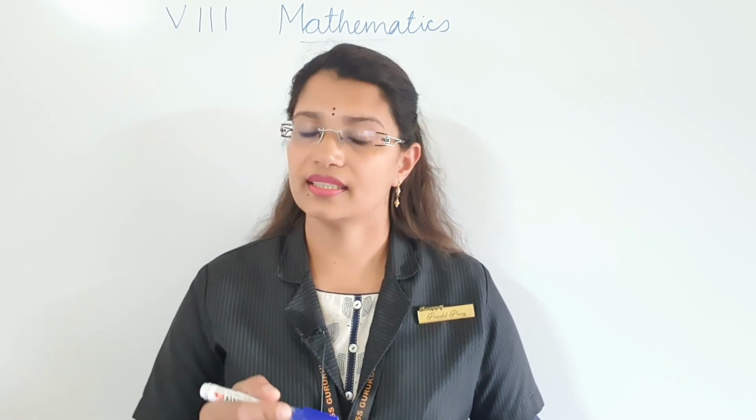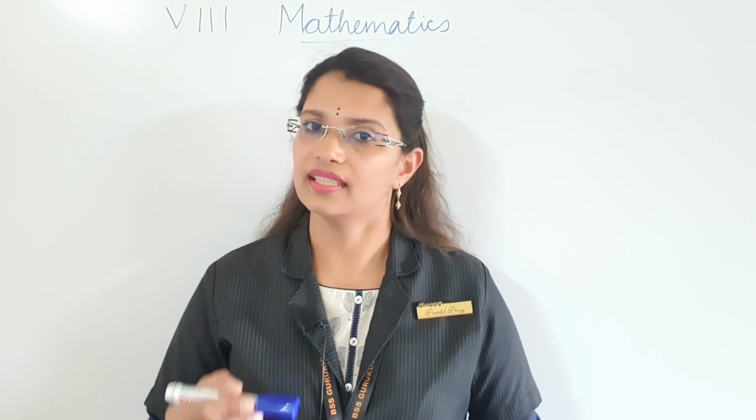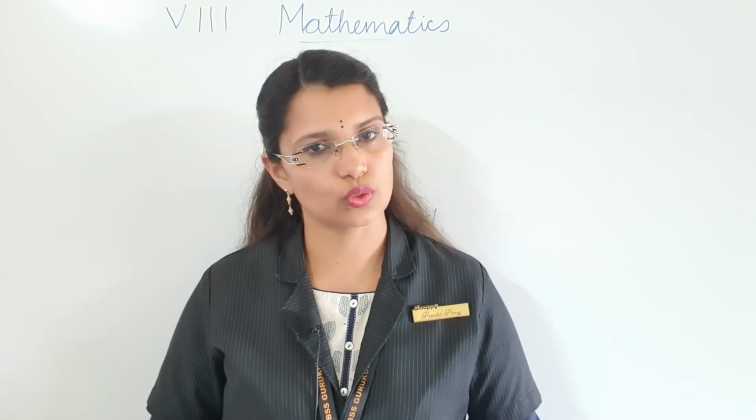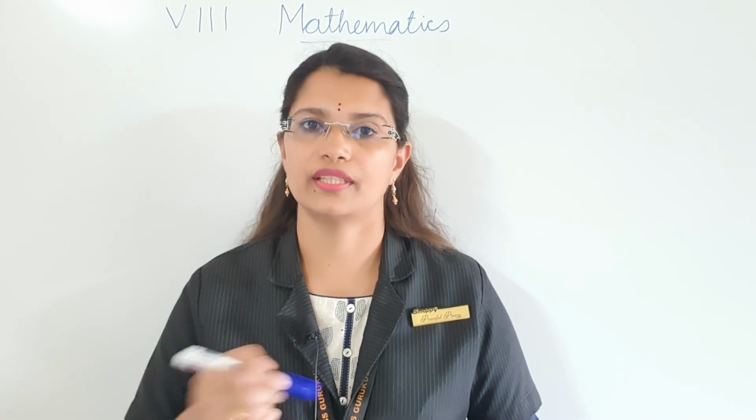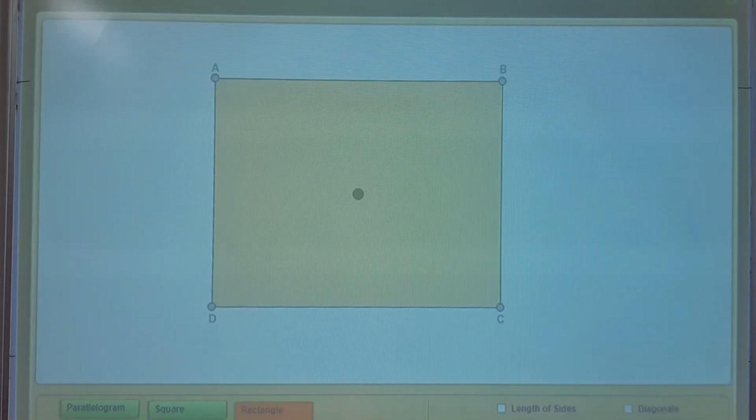First, let us do the specifications. First, let us classify these quadrilaterals according to their properties. Let us do that. Children, look at this figure. This is a rectangle, right? Quadrilaterals are classified according to their properties, right?